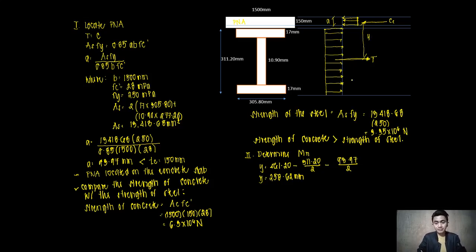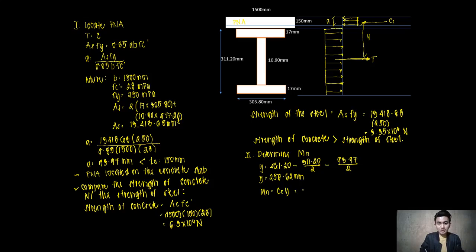Now, as I have said, for us to be able to determine the nominal moment capacity, either we take moments at T or we take moments at C. Either way will give us the same answer. If I were to take moments at T, force T will not rotate and then C will rotate about T. Therefore, M sub n is equal to C sub C multiplied by y.